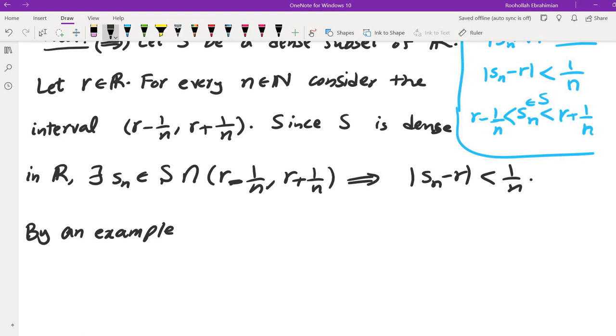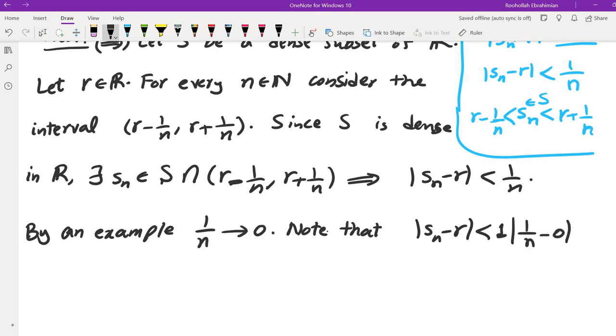This was the first example we did for convergence sequences. 1 over n approaches 0. Now, note that |Sn minus r| is less than, if I want to use the comparison lemma, I'm going to write it down in the form of the comparison lemma, which is some constant sequence minus its limit.